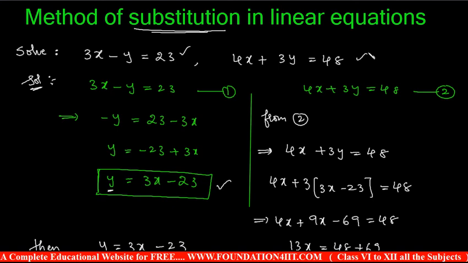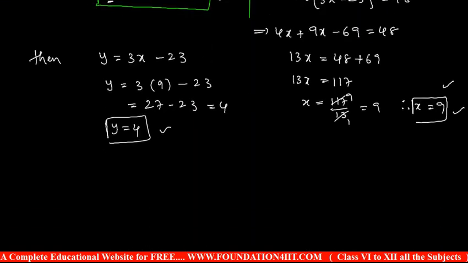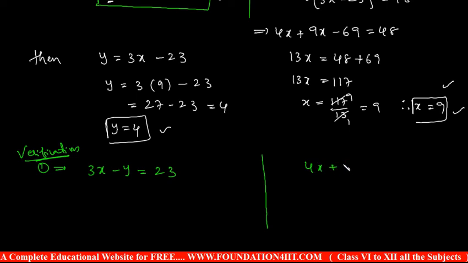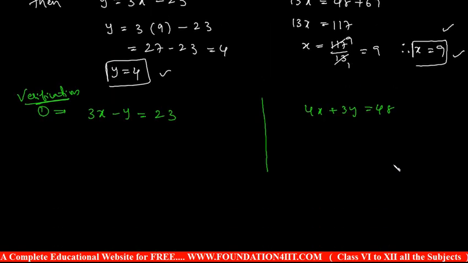You can do verification also. Let me verify with 3x minus y is equal to 23, the first equation, just checking whether the solution is right or wrong. And the other one is 4x plus 3y is equal to 48.